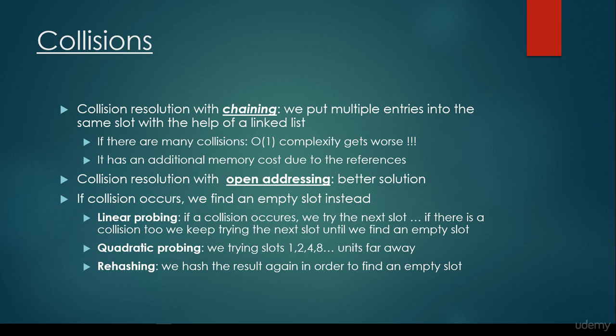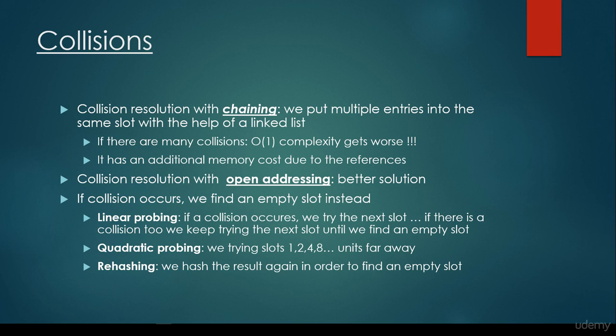Okay, what about the other solution, the so-called open addressing? It's a bit better solution because if a collision occurs, we find an empty slot instead. We have several algorithms. With linear probing, if a collision occurs, we try the next slot available. If there's a collision too, we keep trying the next slot until we find an empty slot.